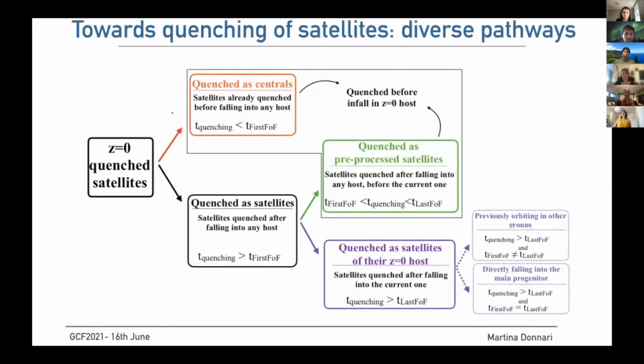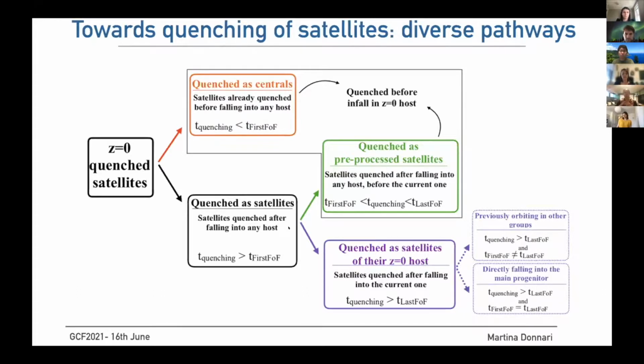Of course, when a galaxy becomes quenched, it can follow diverse pathways. So, for example, if we select all the quenched satellites at redshift 0, we can split this group into smaller subgroups: those quenched as centrals, meaning that they quenched before infall, or quenched as satellites. But in this latter case, again, you can split these into those quenched as preprocessed satellites, so they quenched in a small subgroup, or those quenching in the redshift 0 host when we observe it today.